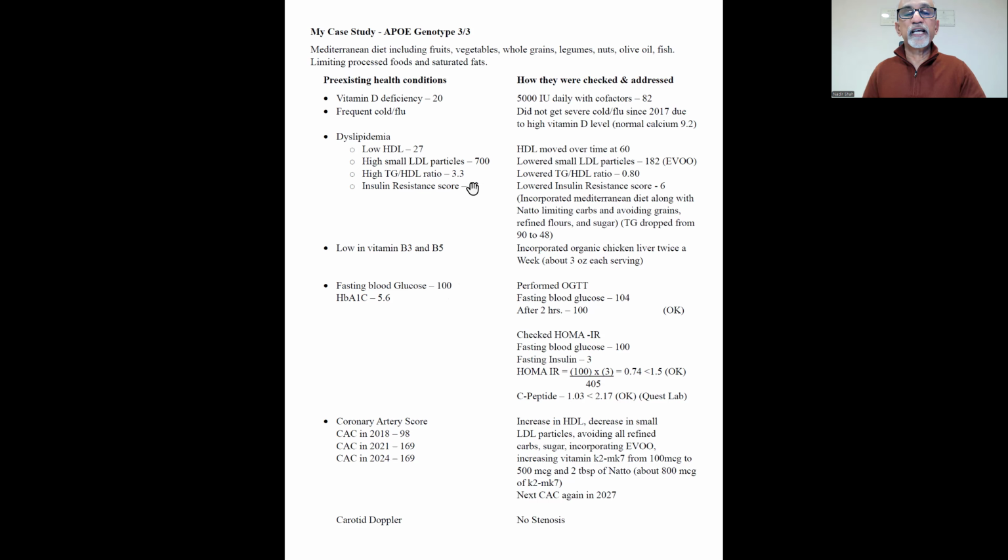If you recall the Cardio IQ insulin panel test from Quest Lab, 1 to 33 is insulin sensitive, 33 to 66 is somewhat insulin resistant, and above 66 is full-blown insulin resistance. So I was concerned about it. All these lifestyle modifications dropped my insulin resistance score over time to 6. So I was very happy with it.